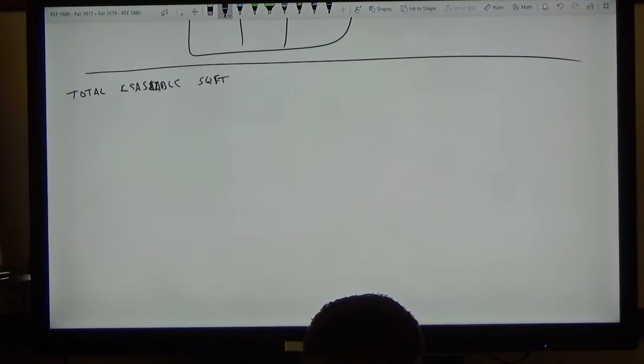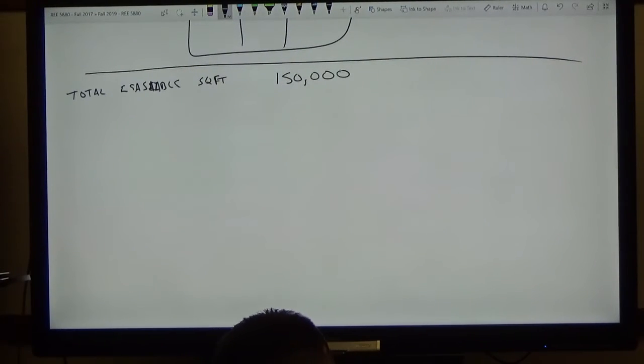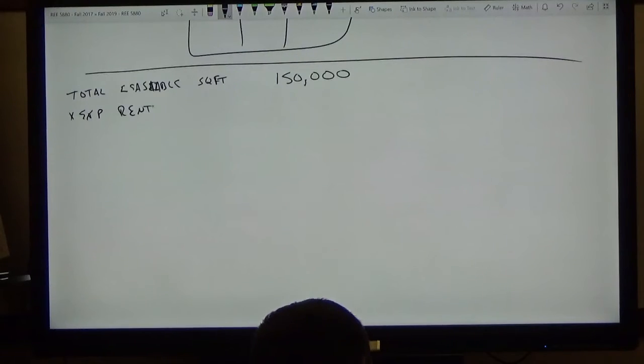So total leasable square feet, let's say, just since we used it in the previous example, we'll go ahead and use it here just for fun: 150,000 square feet, all right? Then we multiply that by the expected rent per square foot per year.